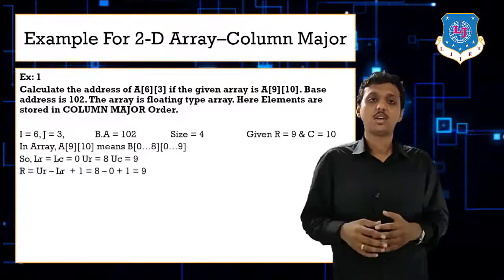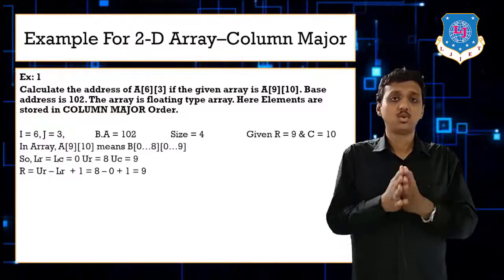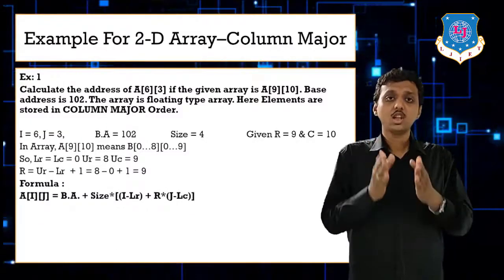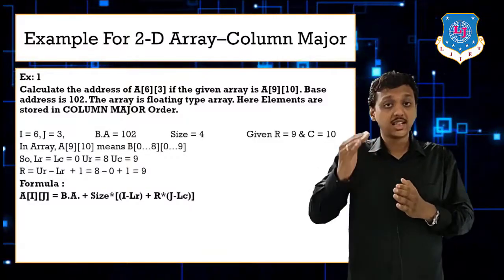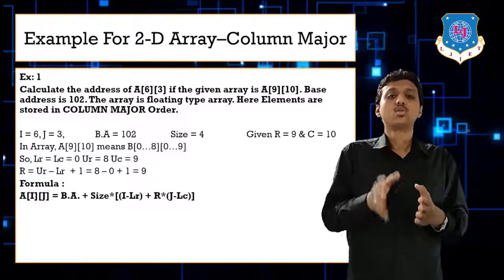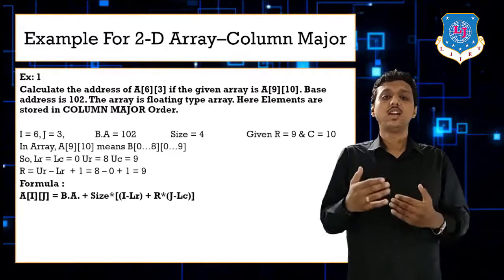Now, move forward. What do we need to find out? We need to find out the total number of rows. R is equal to UR minus LR plus 1. UR means upper bound of row, which is 8, and LR means lower bound of row, that is 0. So 8 minus 0 plus 1 becomes 9. Now just write down the formula.